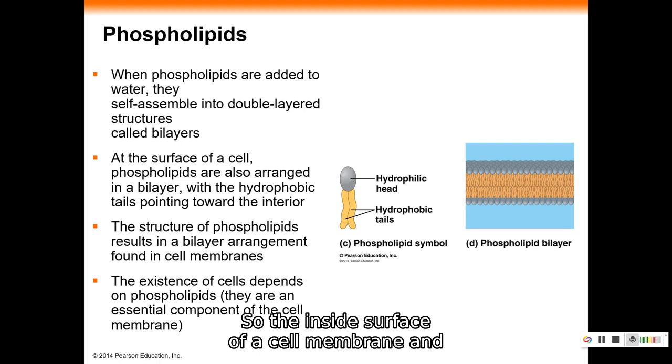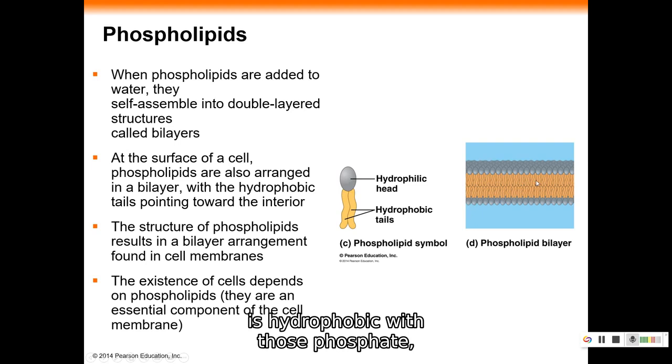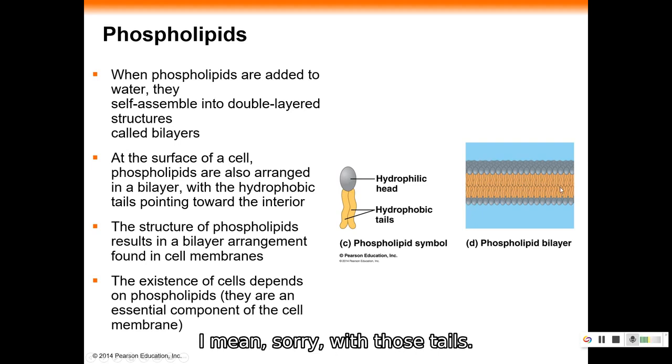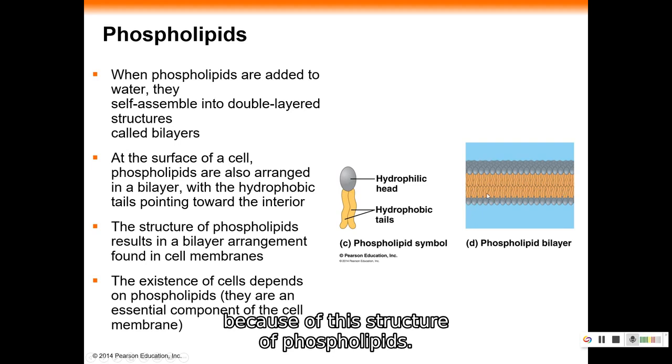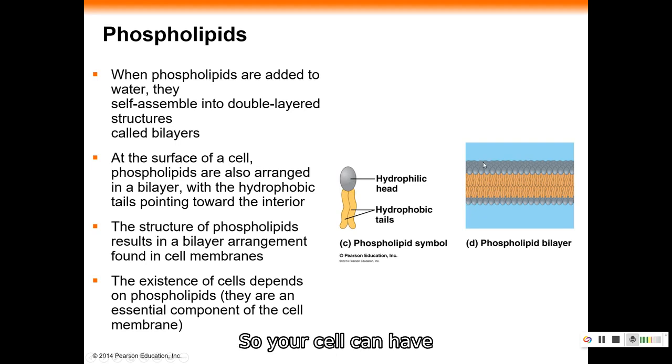So the inside surface and the outside surface of a cell membrane are hydrophilic with those phospholipid heads, but the inner part of a cell membrane is hydrophobic with those tails. And cells are able to exist because of this structure of phospholipids.